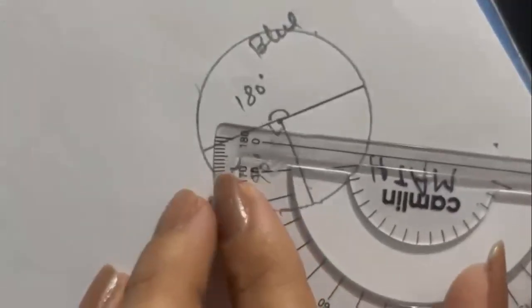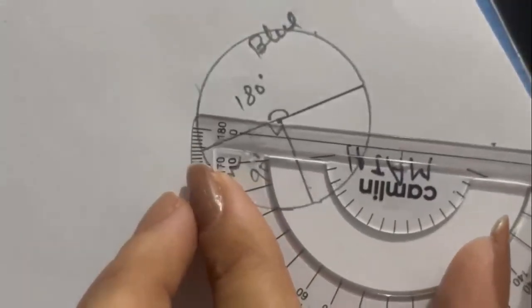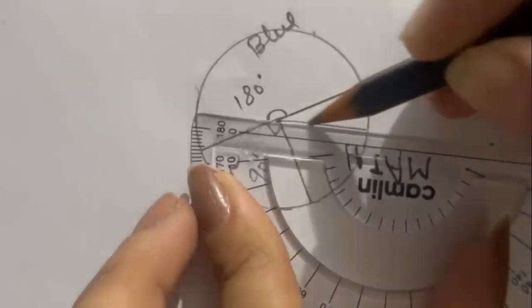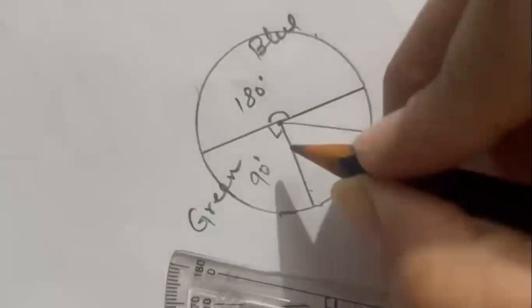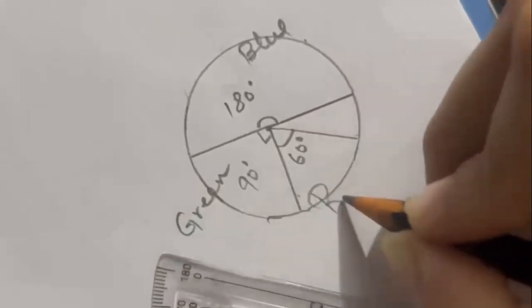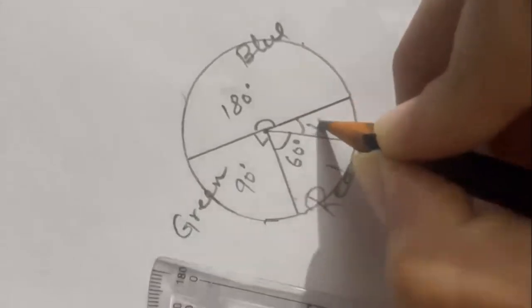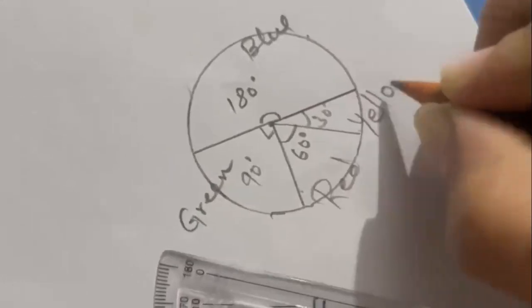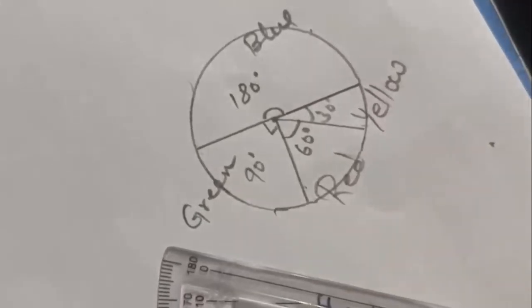I will join this line like this. Here it is 60 degree and color is red. Now remaining is 30 degree only, you can measure also, and color is yellow. Okay, so understood how to draw?